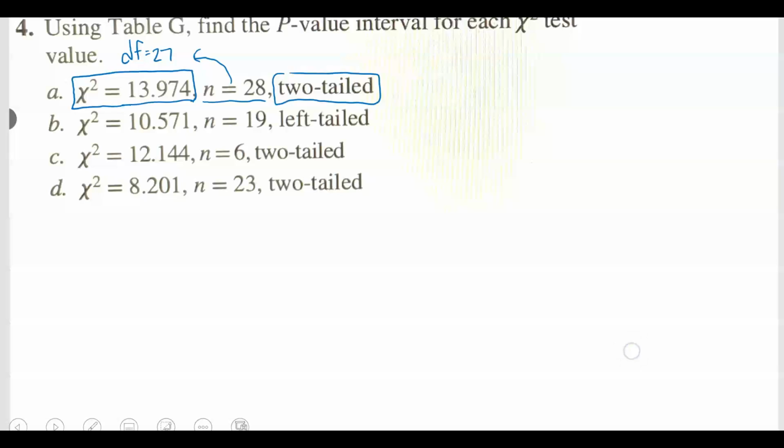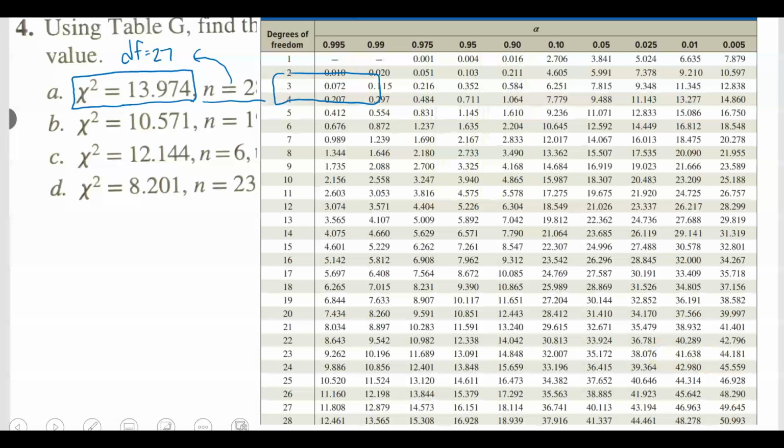Okay, so once we do that, let's look at our chi-square table here, and we should be able to figure this out. Our degrees of freedom is 27, so don't go to the row with 28, go to the row with 27. In this row, I am looking for the value 13.974.